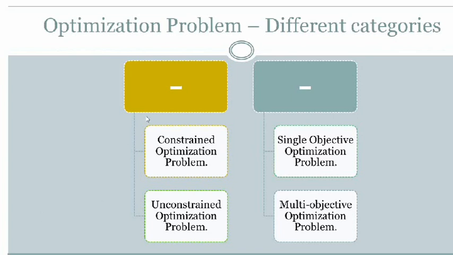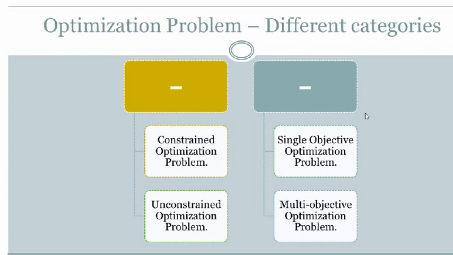Like, with respect to the constraints, the problem may be categorized into two broad portions, that is constrained optimization problem and unconstrained optimization problem. We have discussed these earlier.